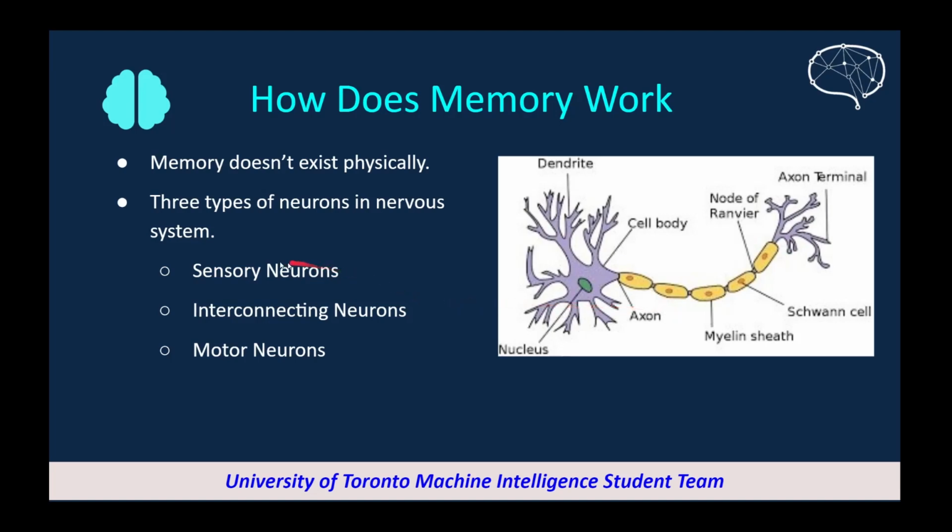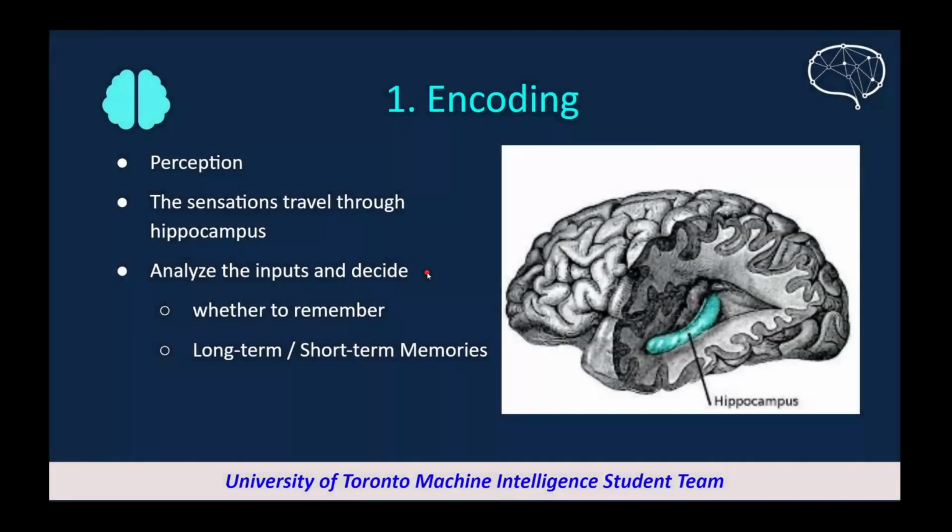Of course, there are a lot of types of neurons in the nervous system to help us, and there are also different networks inside a big neural network to act as different functions. So there are certain steps involved when a memory is processed, and we are going to see how it happens.